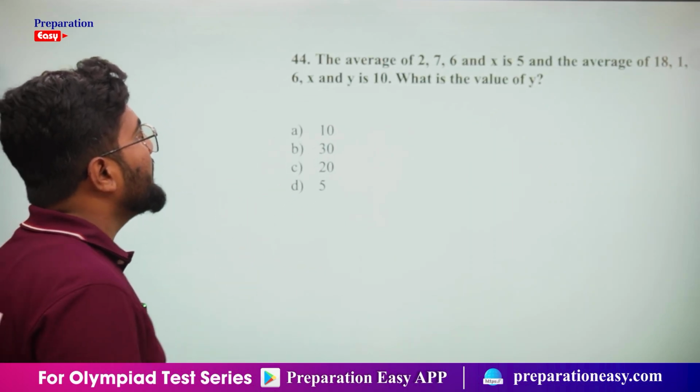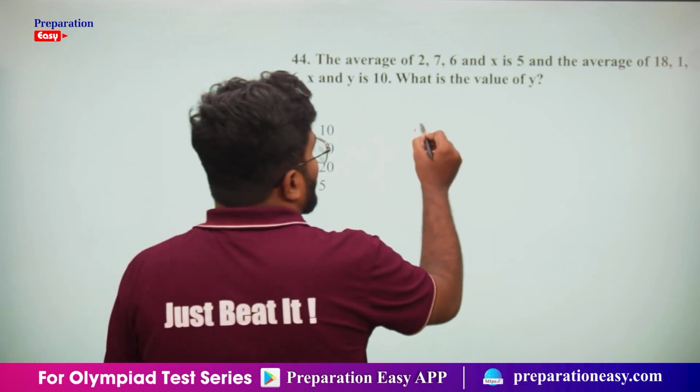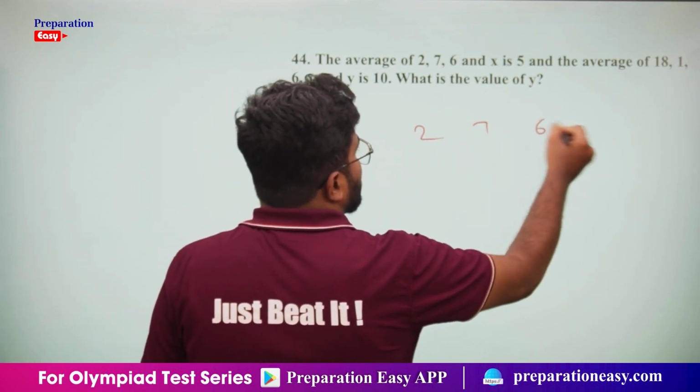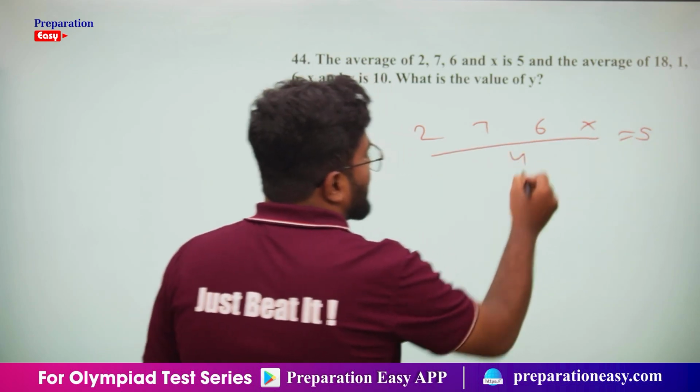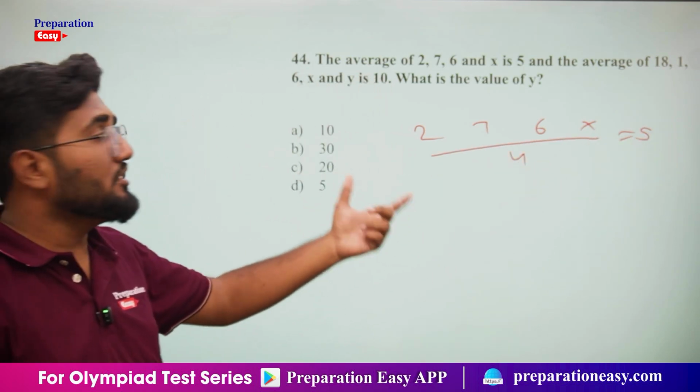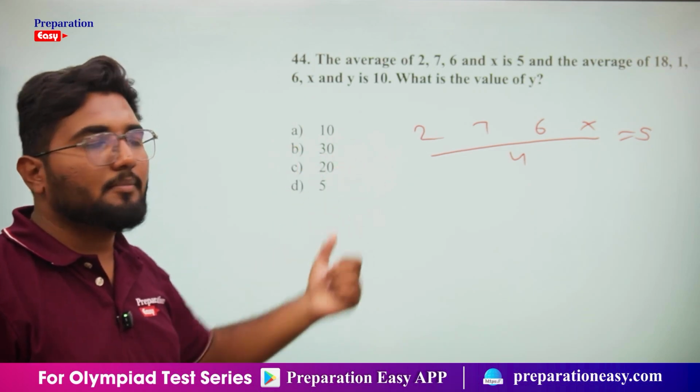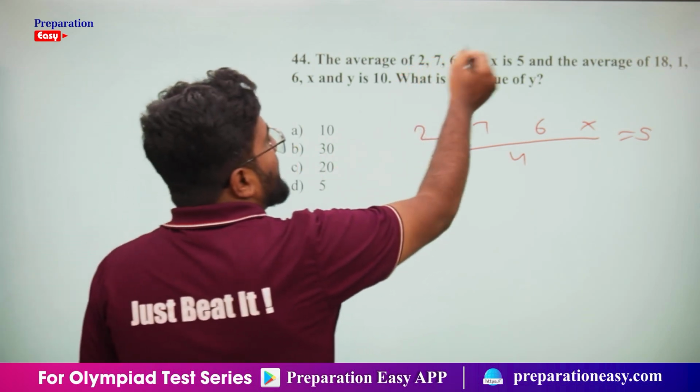Then question number 44. The average of 2, 7, 6 and x is 5. What is average? Average is the addition of all numbers divided by the total numbers, that is 1, 2, 3 and 4.